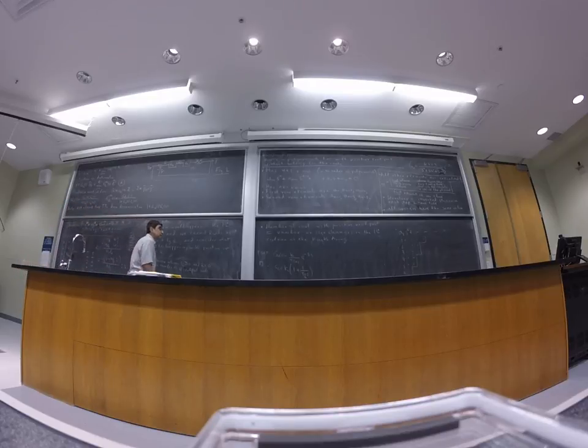By the way, let me first write this and then introduce the terminology. So the denominator of the closed loop transfer function is 1 plus Gu Gc.